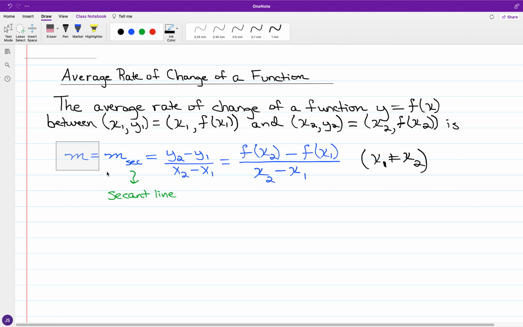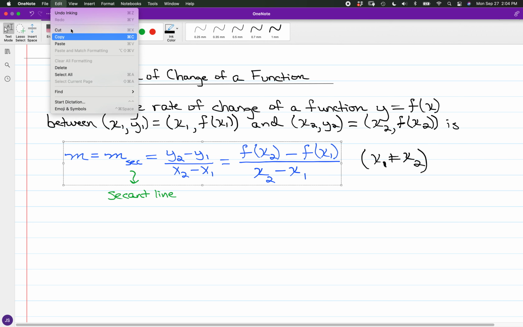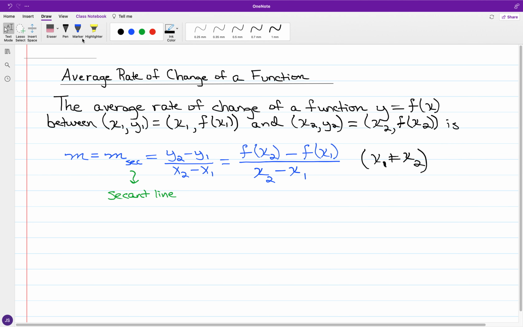And just for taking examples of average rate of change, we'll take a nonlinear function, and we'll say we have a quadratic function. We'll say that f of x is equal to x squared minus 4, and you have this given.